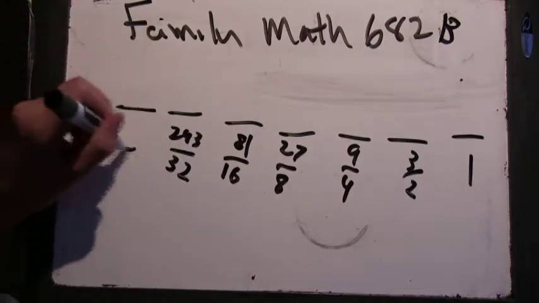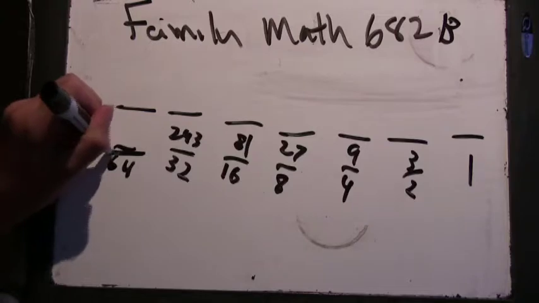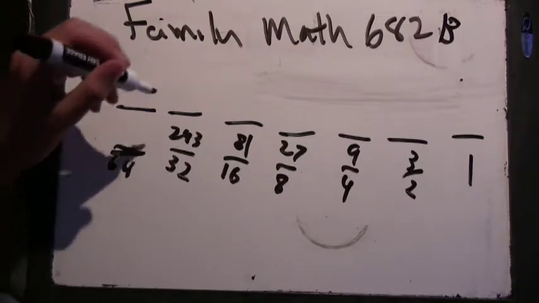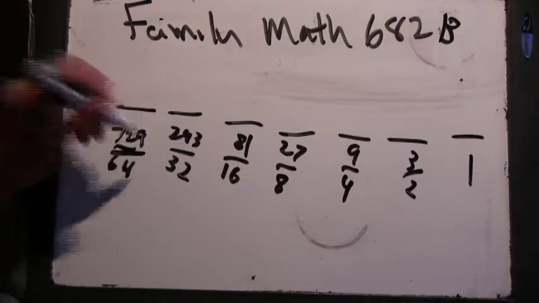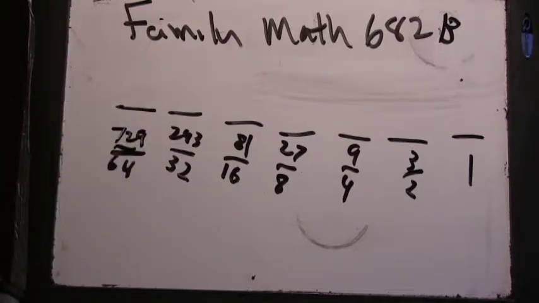And 3 to the 6, that's 729. Well, so I'll just look at this, since we have to find the largest one that would work for us. Mm-hmm.